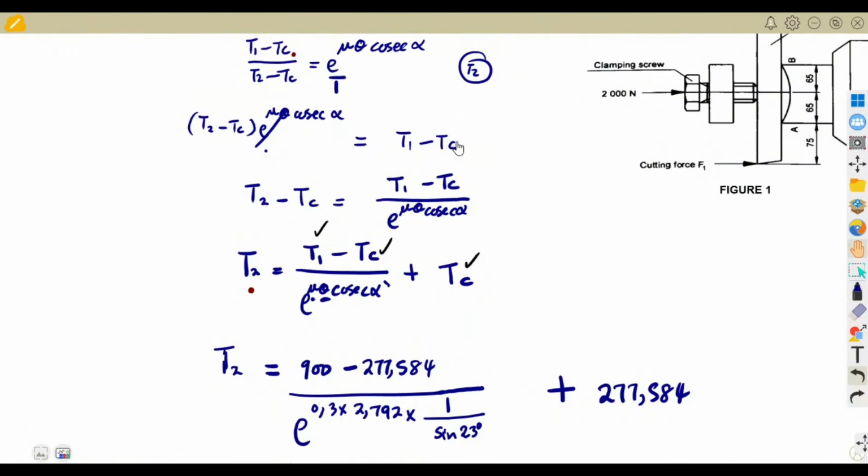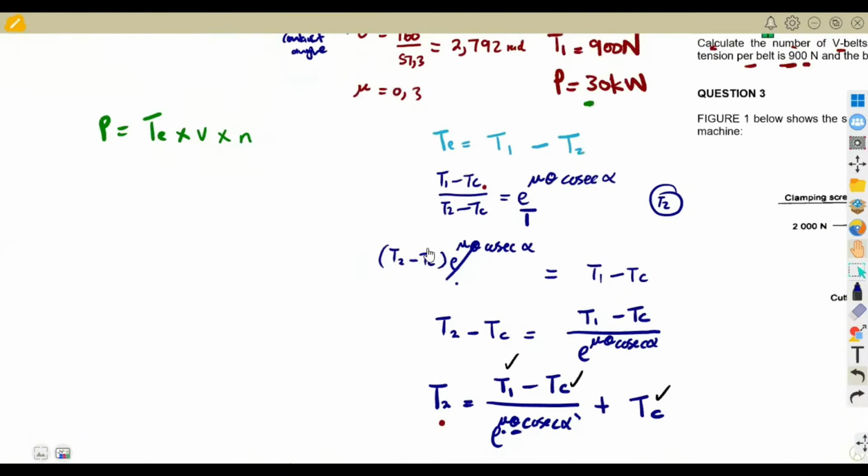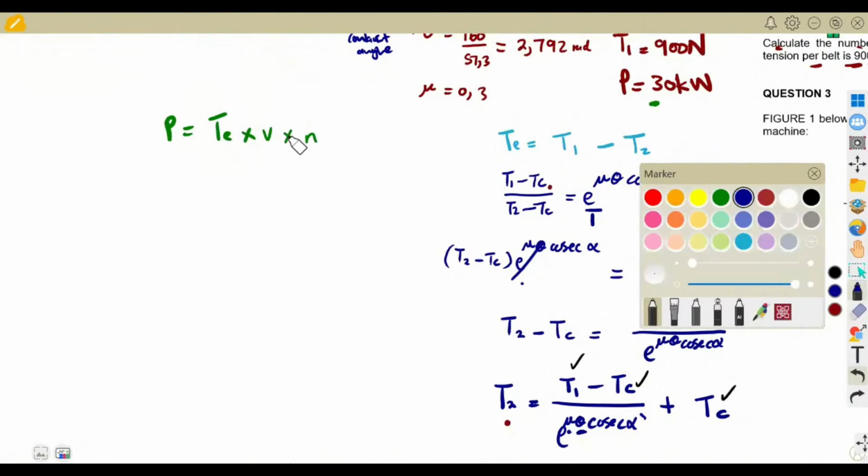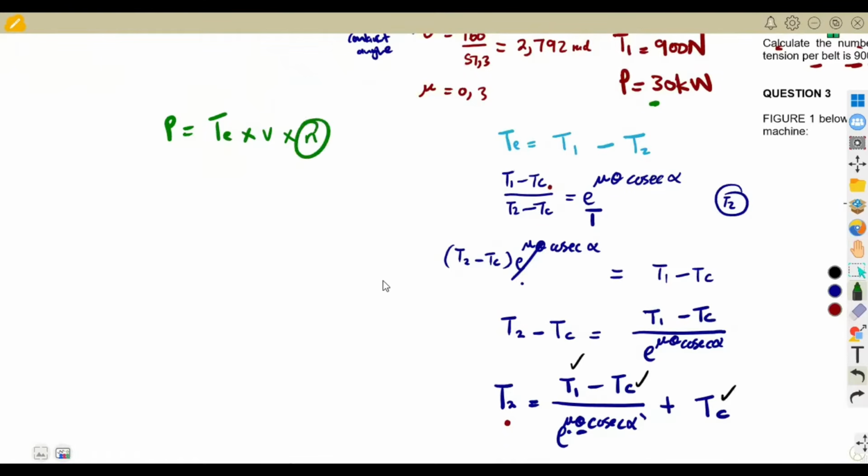We calculated T2 through this whole part of our ratio between T1 and T2, including the centrifugal tension. Remember, in order for us to calculate this N, we need the formula P, which is TE times V times N. To have N, we divide by TA times V, which is the velocity.